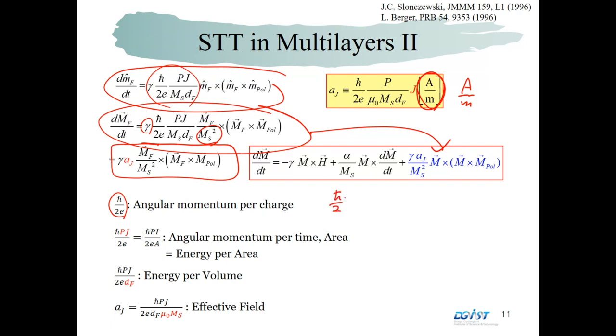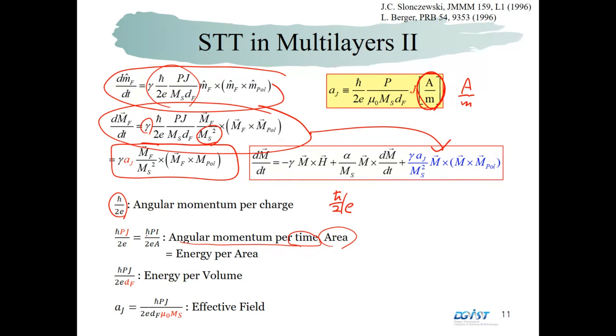Please remember that this is the angular momentum of the spin. So if we divide by electron charge e, that's the angular momentum per charge. And if we multiply by PJ, that means the current density and the spin polarization. So that means angular momentum per time and area.